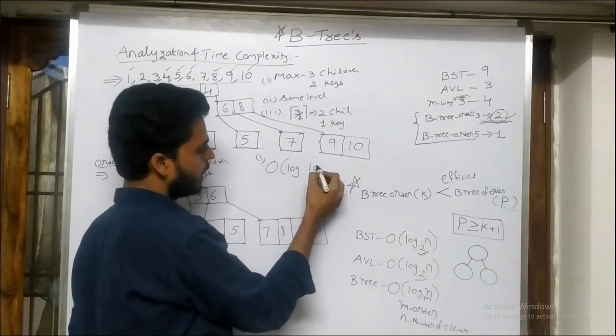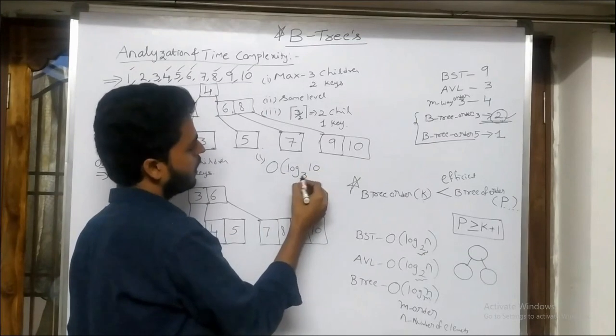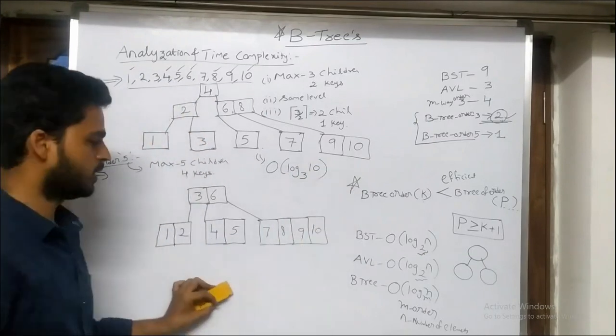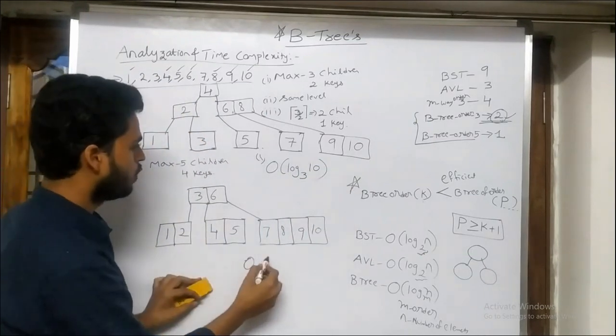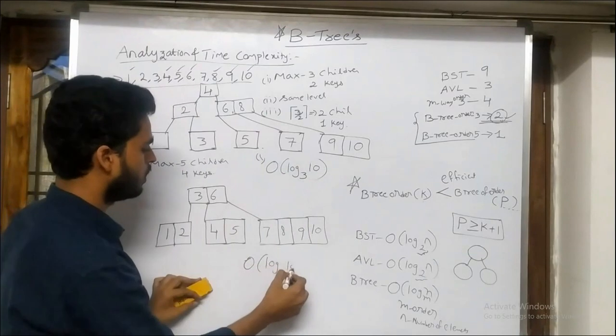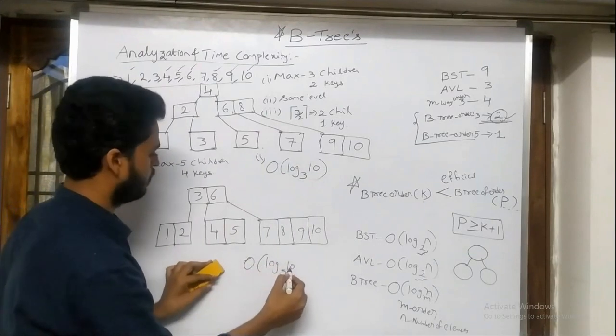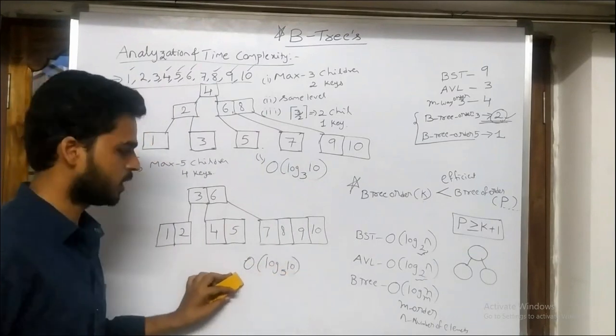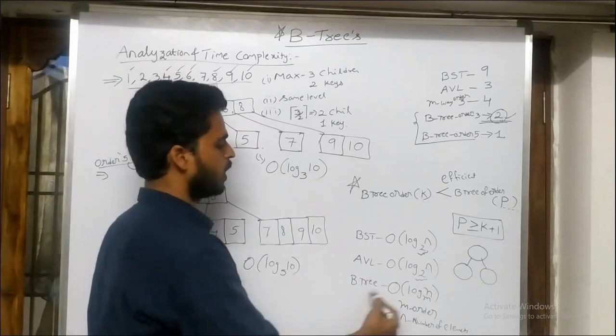How many elements are there? 10 elements. What is the order? Order is 3. Big O of log 10 to the base 3. What about this one? Big O of log 10 to the base 5. Okay, so this is the time complexity part.